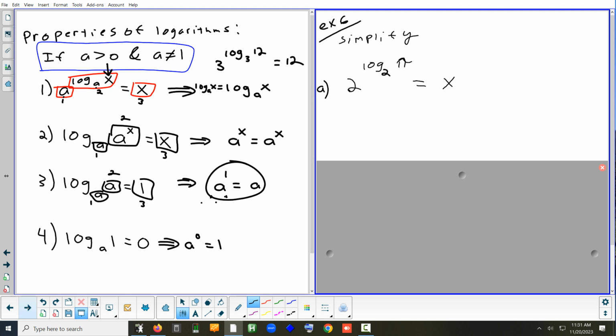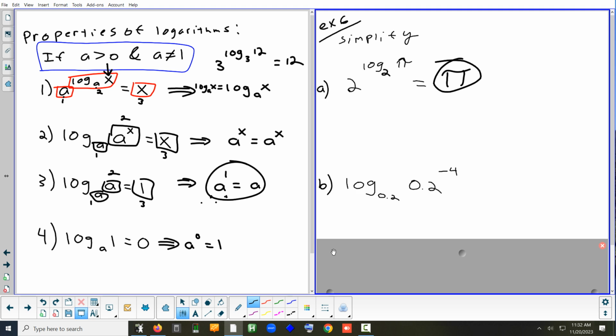It's property 1. Okay, we're going to put the answer right there. So it's property 1 where A is 2 and X is pi. So what would be the answer when you simplify that one? Pi. Yep. The answer is pi.